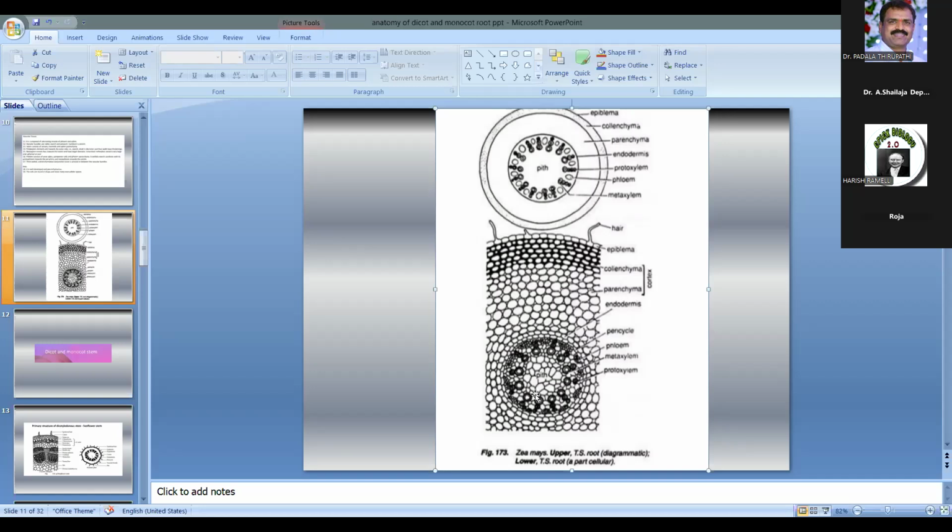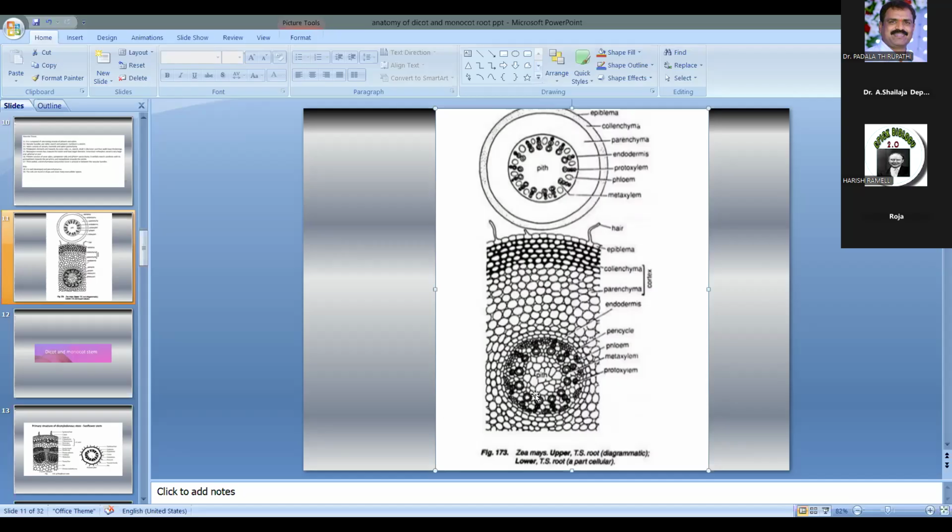These pores are called pneumatophores, or rather the pores are lenticels and the roots are called pneumatophores, respiratory roots or breathing roots. Examples: mangroves, Rhizophora, Avicennia.